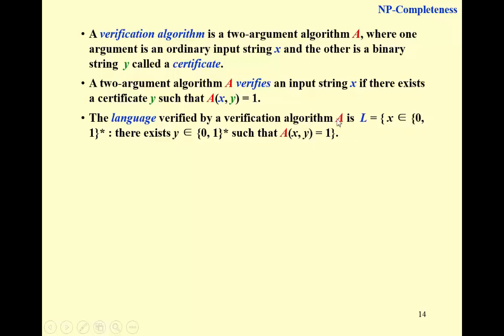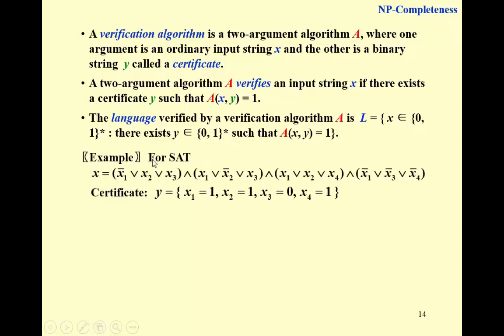Now let's try to understand it by looking at one specific example. For the problem SAT, we have a Boolean expression like this. The question is, given any assignments of zeros and ones to all those variables, what the final answer is. Is it 1 or 0? Okay, so the certificate Y is one specific assignment of the values.